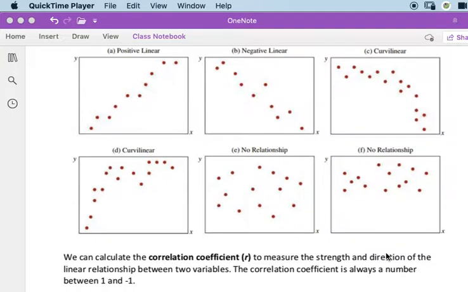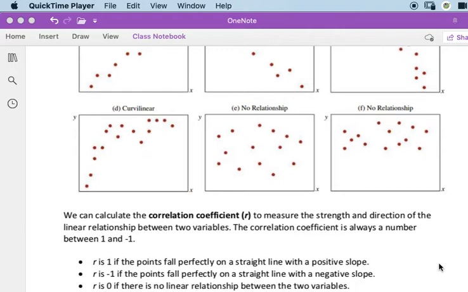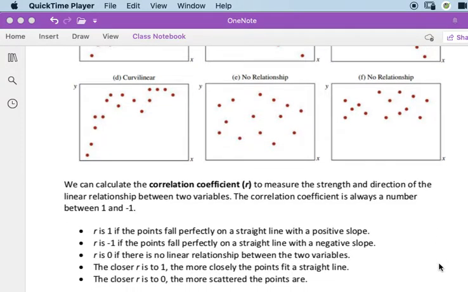So we have the scatter plot, which we can look at to give us a sense of the relationship between the two variables. But we can also calculate something called the correlation coefficient, which gives us a numerical value that gives us information about the strength and direction of the relationship. The correlation coefficient, which is also called R, is always a number between 1 and -1.